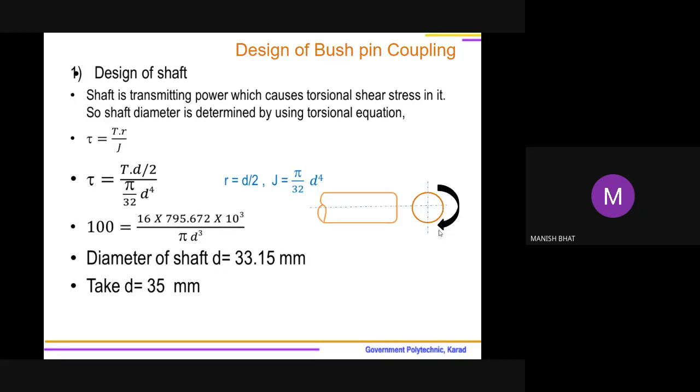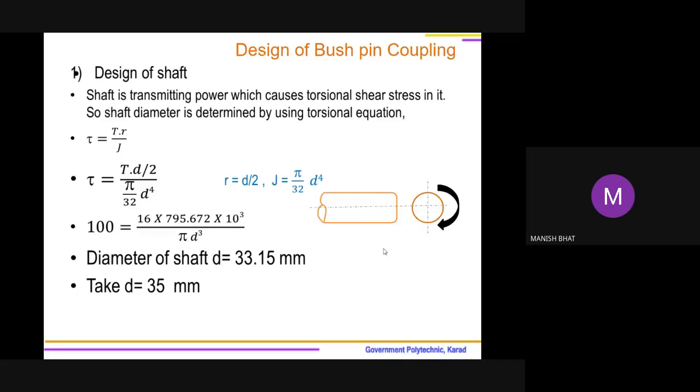For a round section, polar moment of inertia is pi by 32 d raised to 4. I will put that in the equation of torsional shear stress, which is equal to T, R is D by 2, upon J is pi by 32 d raised to 4. Torsional shear stress, the permissible or allowable shear stress, is 100.